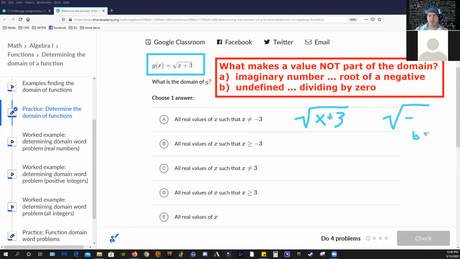Having the root of a negative is the bad thing, we don't want that to happen. Like if x was -3, if we just put in a -3 for x, it would come to square root of 0, which is fine.